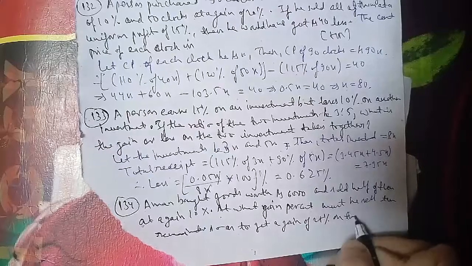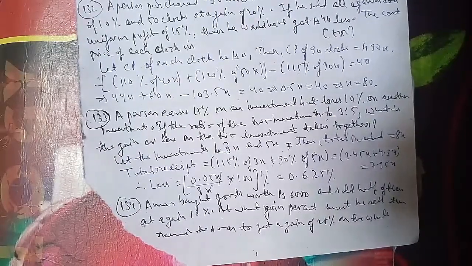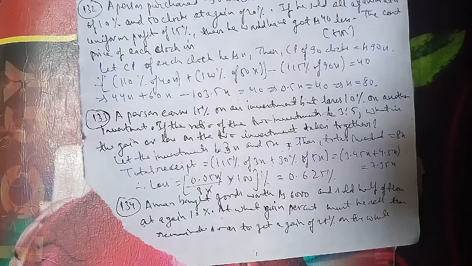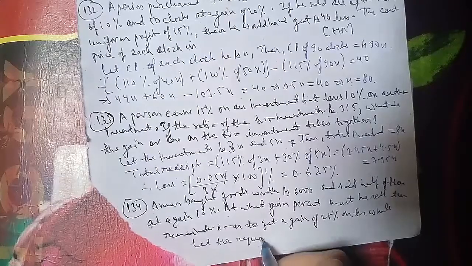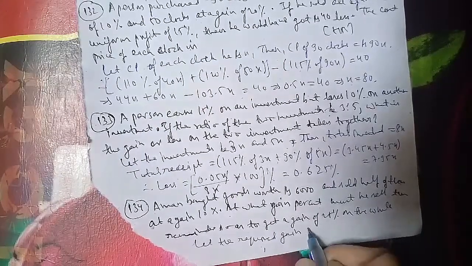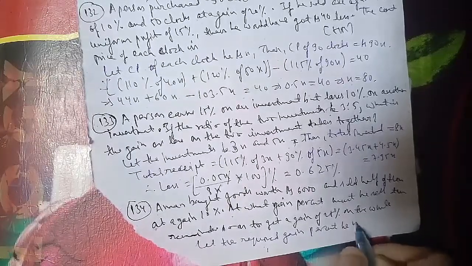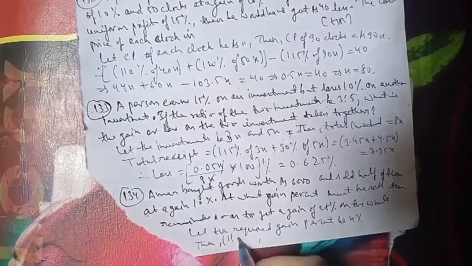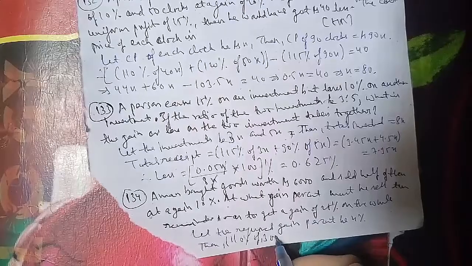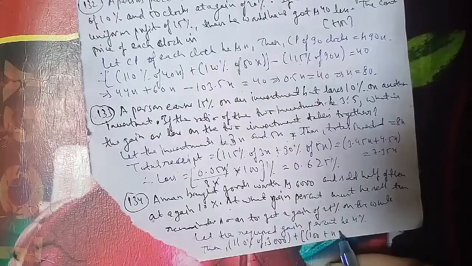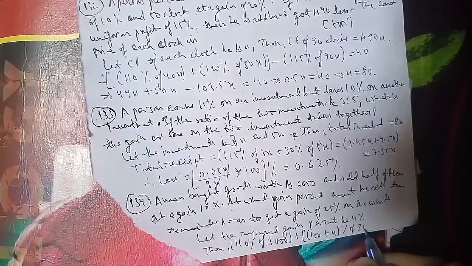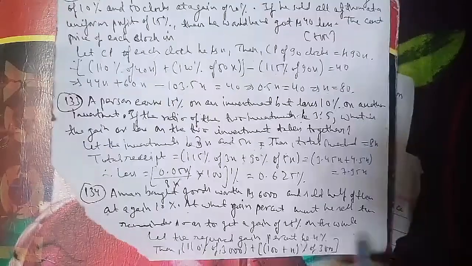The options are 25%, 30%, 35% and 40%. Let the required gain percent be x%, then 110% of 3,000 plus (100 plus x)% of 3,000 equals 125% of 6,000.